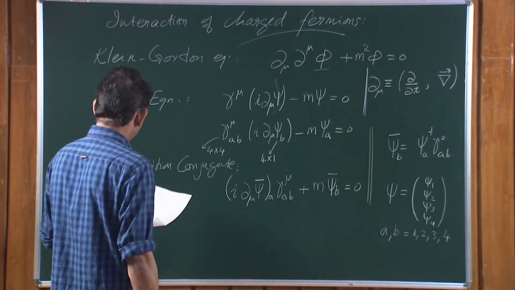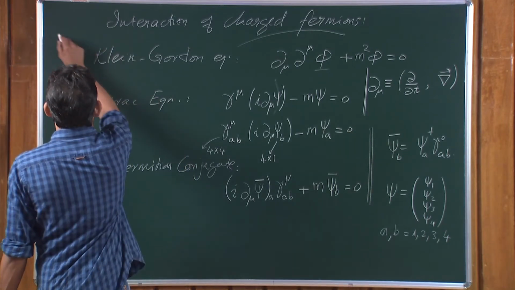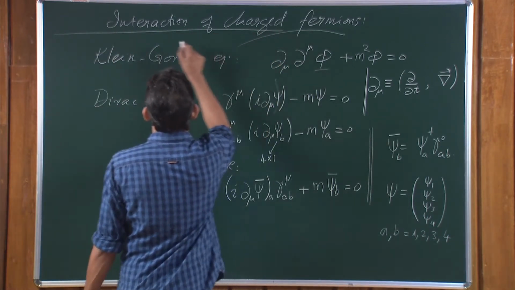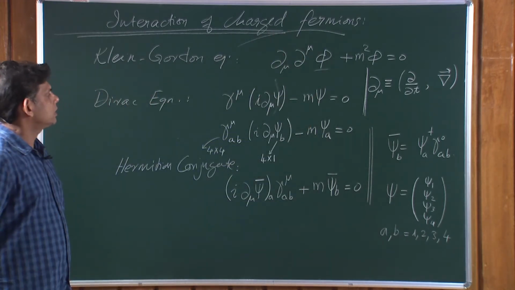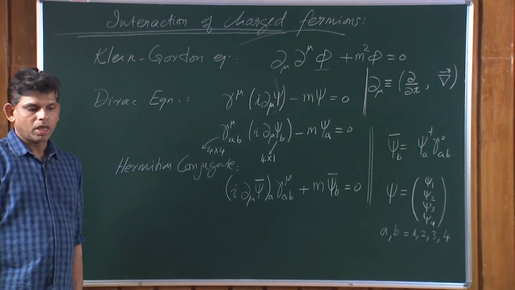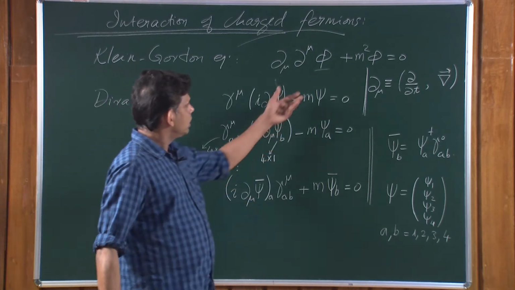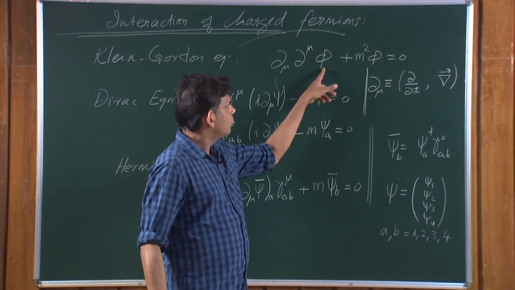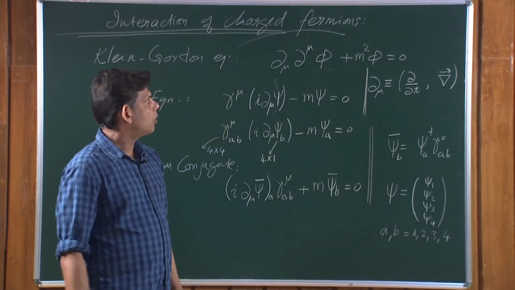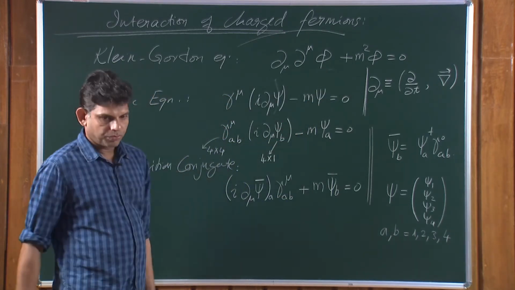Now, today, as we promised, we are going to look at how interaction can be understood. We had already seen how that is understood in the case of particles which obey the Klein-Gordon equation.